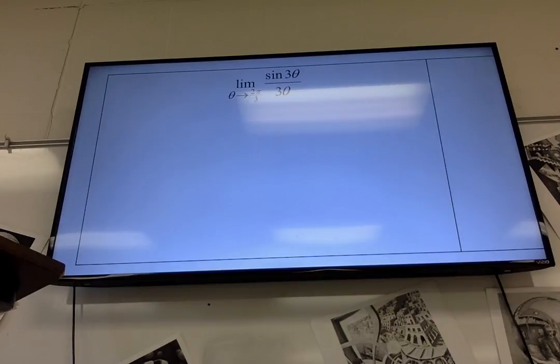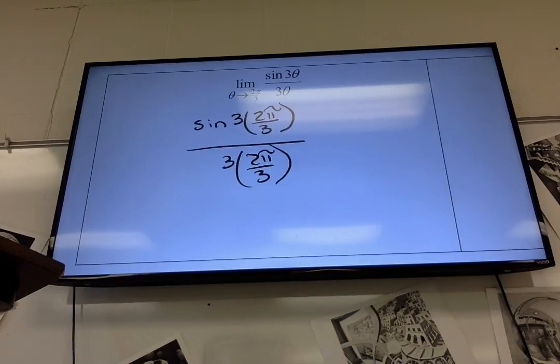Plug in, yeah. So I would make that the sine of 3 times 2 pi over 3, over 3 times 2 pi over 3. Threes cancel. So you get the sine of 2 pi over 2 pi.